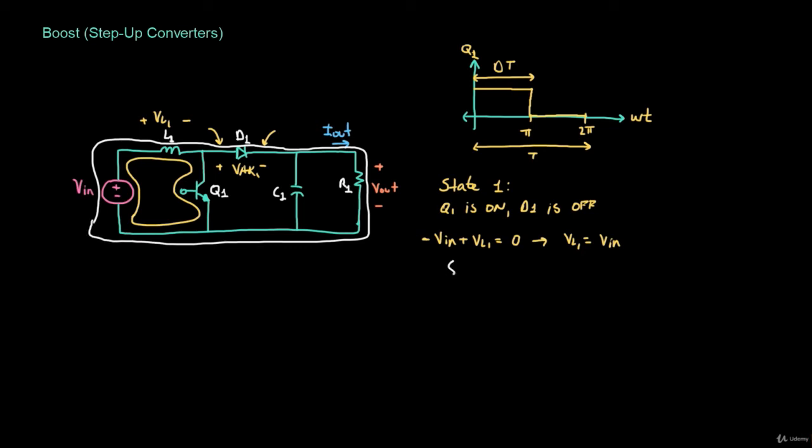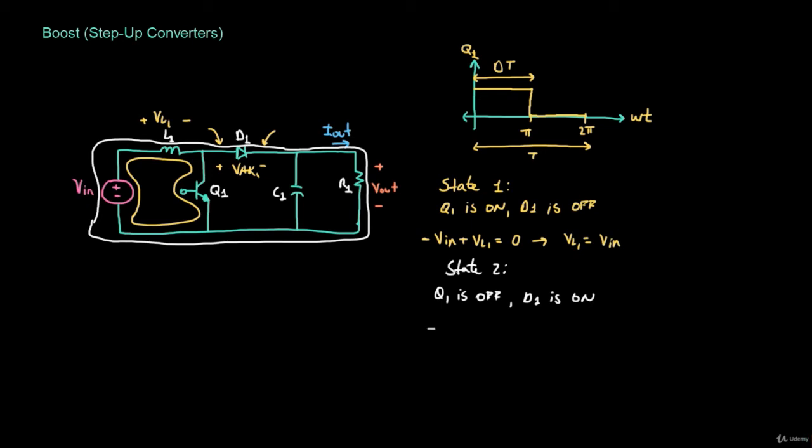Let's write it down. State 2, we're going to have Q1 is off and D1 is on. So let's see what the voltage loop equation would look like.